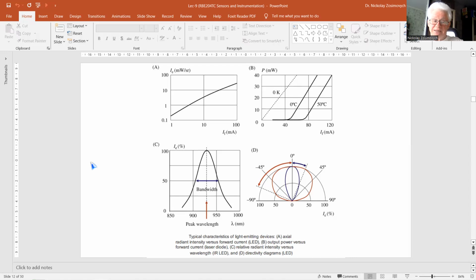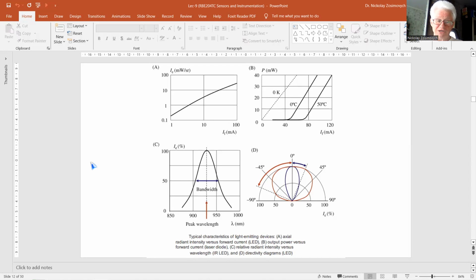Graphical data provide better information compared to numerical data. This figure from AD shows examples of such graphs: the output characteristics for a LED and laser diode, the optical spectrum, and the directivity.